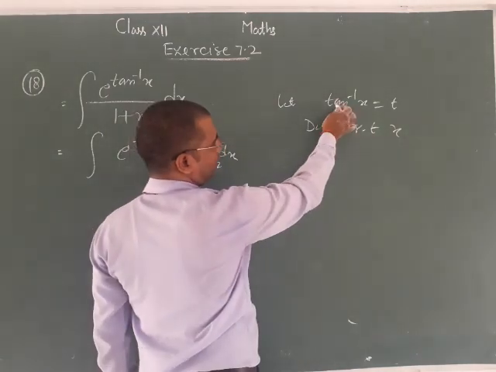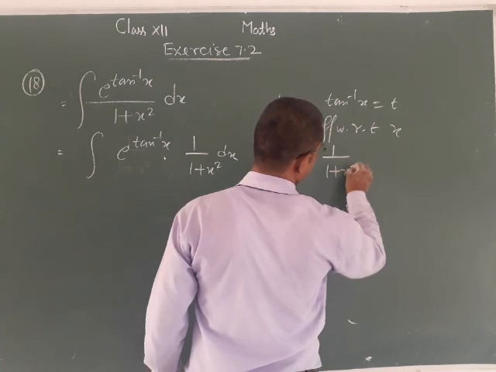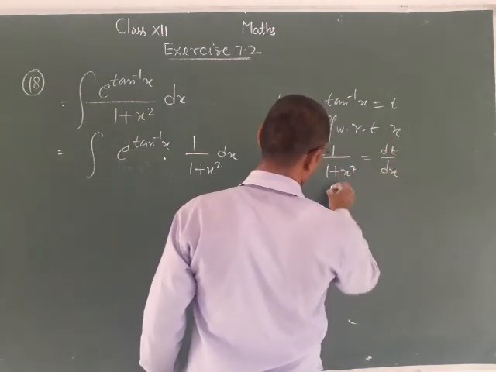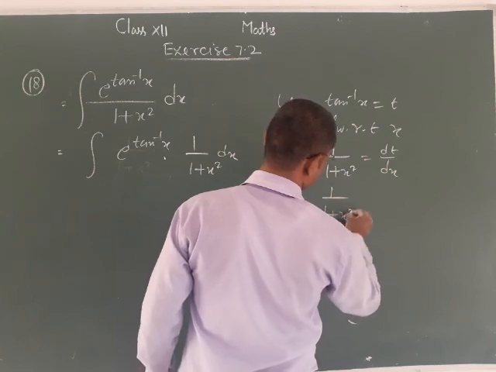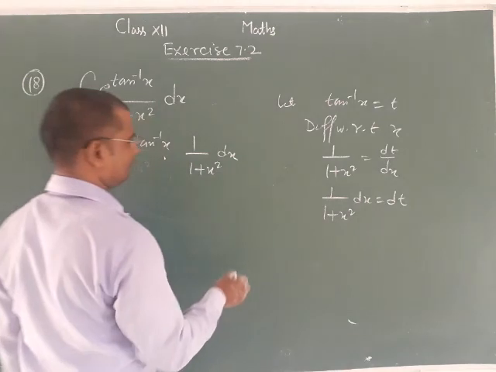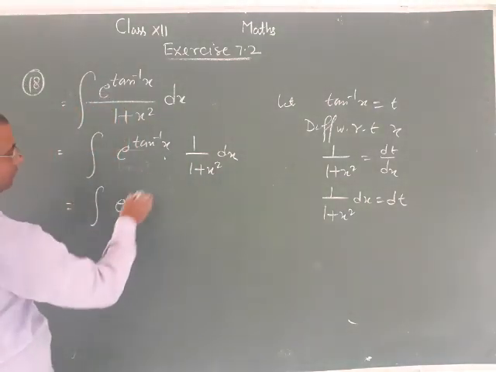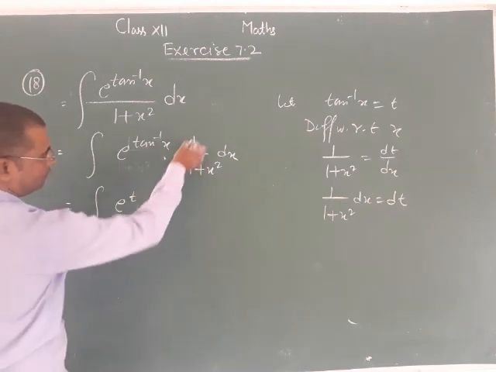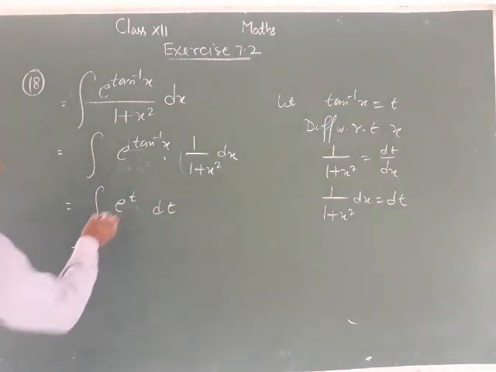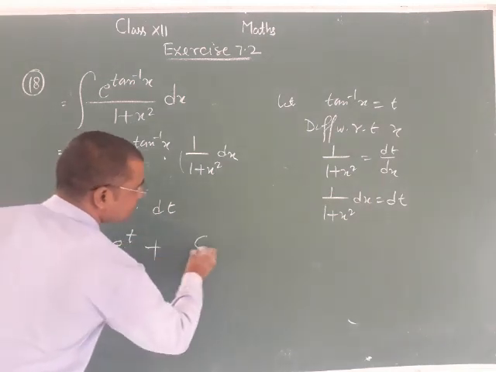The derivative of tan inverse x, 1 upon 1 plus x square, is equal to dt upon dx. So 1 upon 1 plus x square dx is equal to dt. Now put here the integral of e to the power t dt, which is e to the power t plus c.